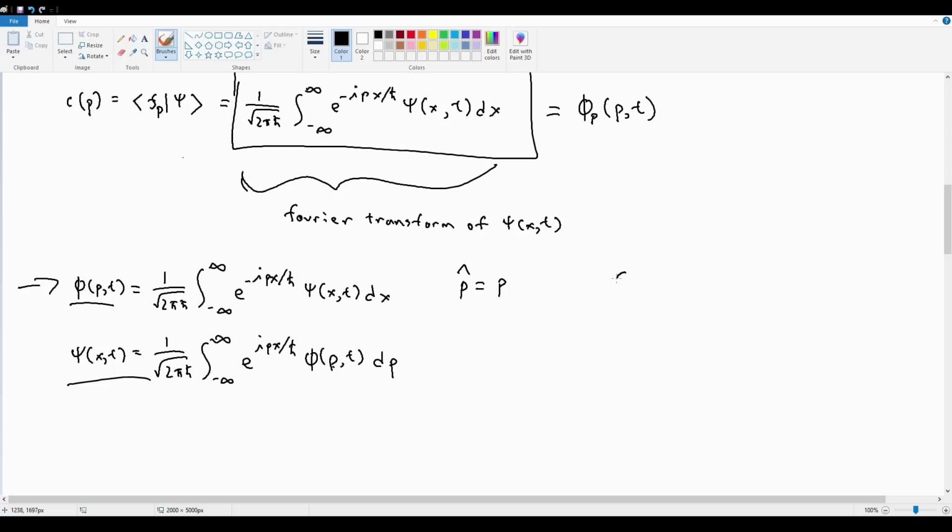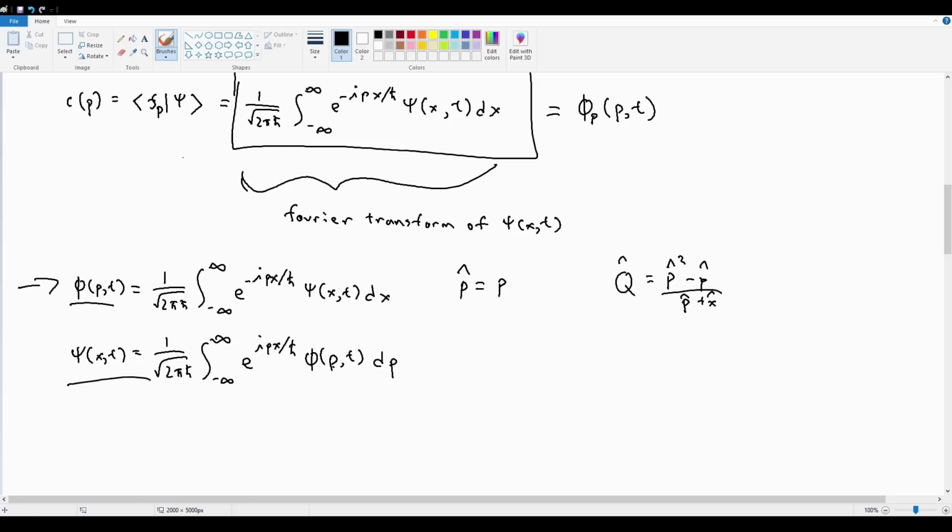Because if you have a Q hat that's equal to, I don't know, p hat squared minus p hat divided by p hat plus x hat or something like that, it might be easier to work with this in momentum space, because the p hats just become p's, whereas the x hat is the thing that transforms into that complicated iħ d/dp. So depending on what sort of system you're looking at, and what observable you're trying to find, you may want to use one or the other, because choosing the correct one typically makes your math significantly easier.